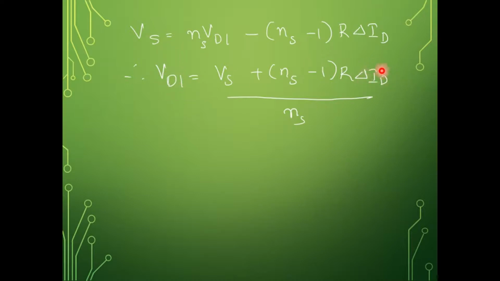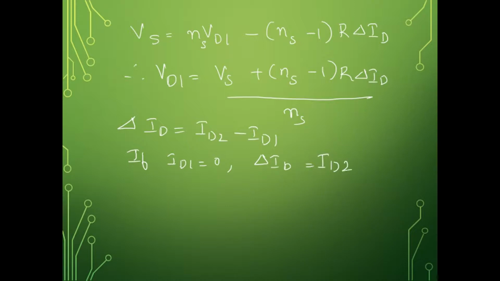This particular Vd1 will be maximum when the change in the current is maximum. So if we take ID1 as 0, how can you express the change in the current? It is ID2 minus ID1. If this ID1 is 0, then the change in the current is nothing but equal to ID2. In that case, we get a maximum voltage across the thyristor or SCR.